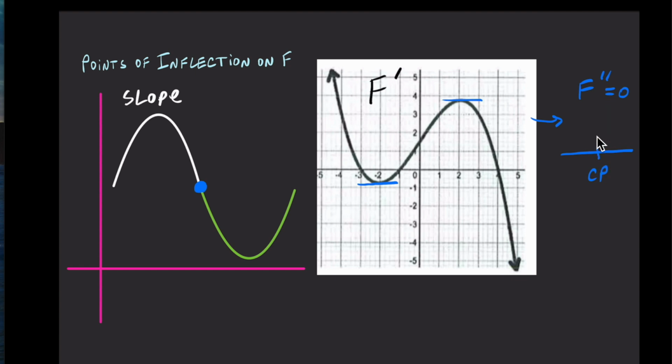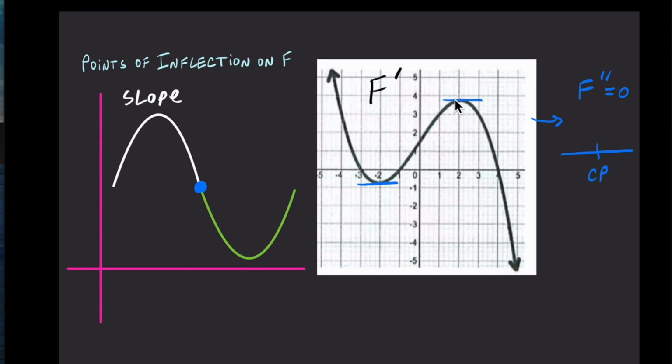But at that critical point that we're going to evaluate either side of to determine if f double prime is negative or positive, meaning concave down, concave up respectively, at the potential point of inflection, f double prime equals 0.